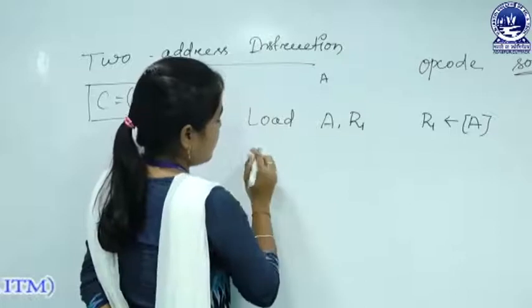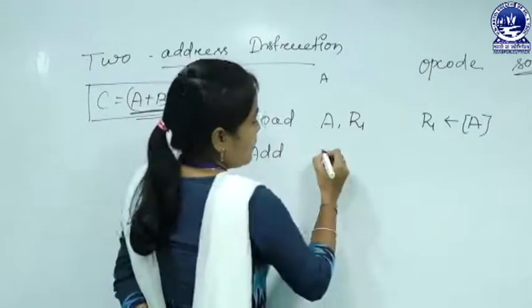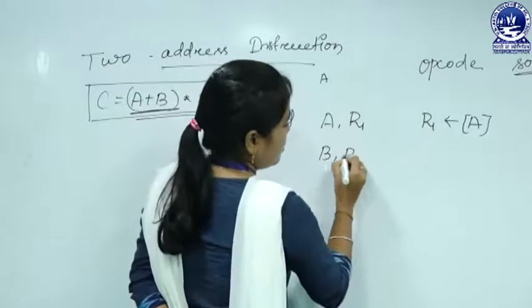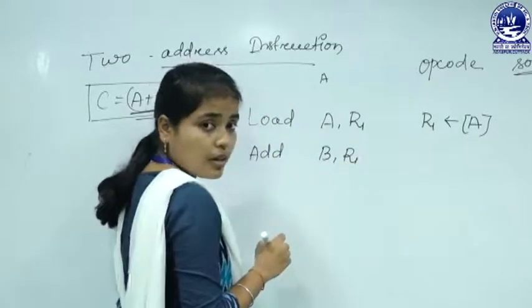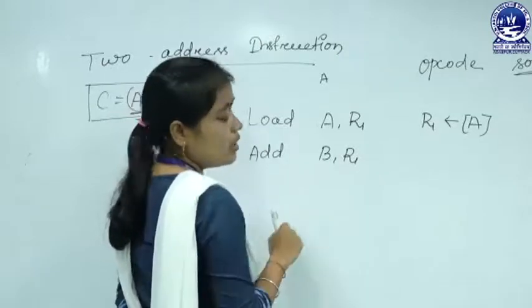Then what you have to do? You have to do the addition operation, that is add B with the R1 content and store the addition result in R1.